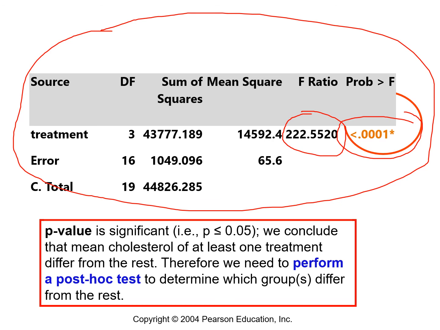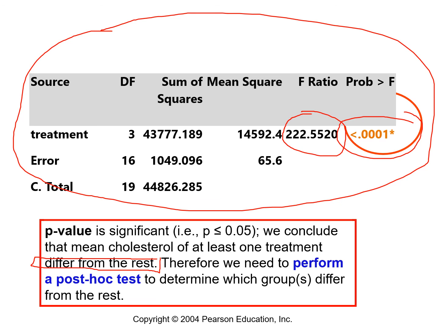It is highly significant, because it is less than 0.05. We conclude that the mean cholesterol of at least one treatment differs from the rest. So we reject the null hypothesis, and we have sufficient evidence to support that at least one mu is different. Therefore, we need to perform a post hoc test.